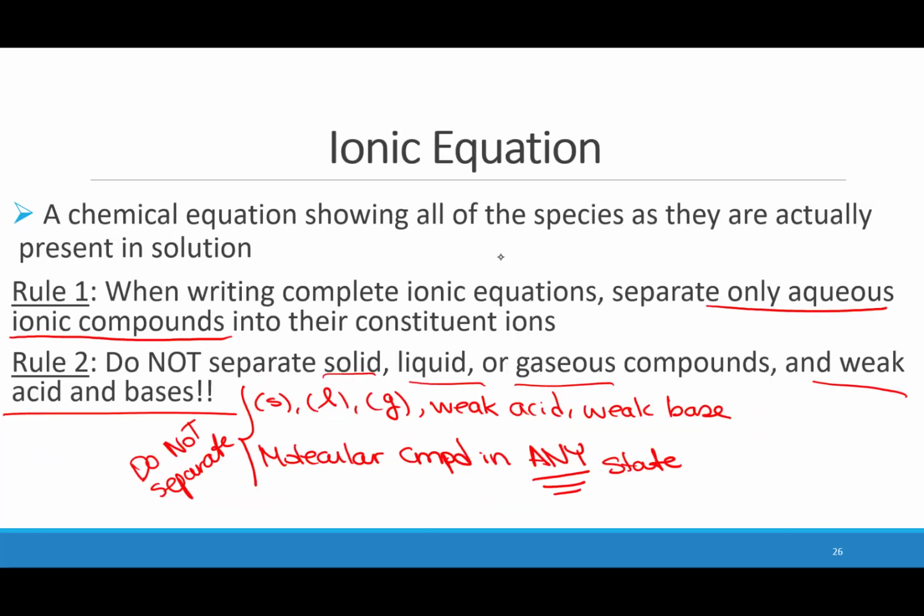When you are writing ionic equations, to know which species will form ions and which will not: if you have aqueous ionic compounds, if your compound is ionic and it's in aqueous state, it will separate. If not, it will not. Basically, all solids, liquids, gases, weak acids, and weak bases do not separate. Molecular compounds in any state will not separate.